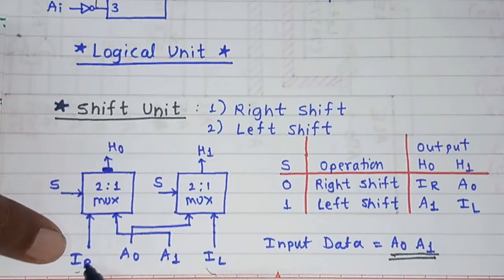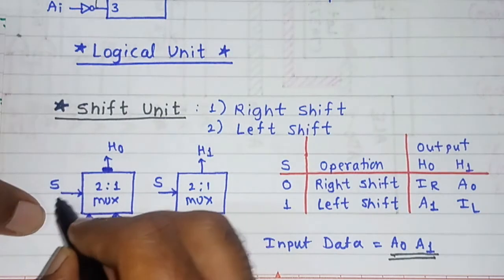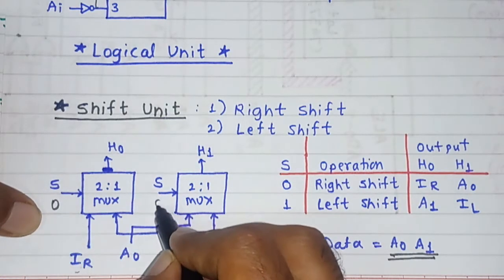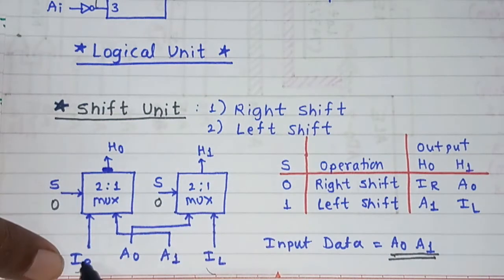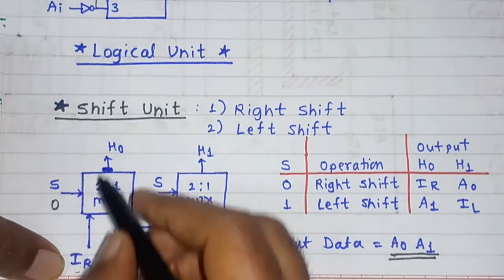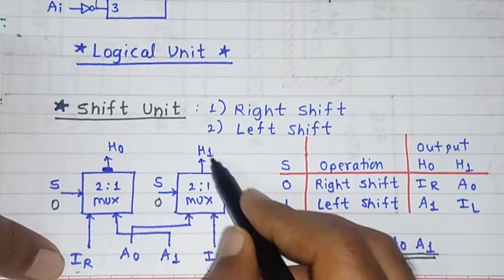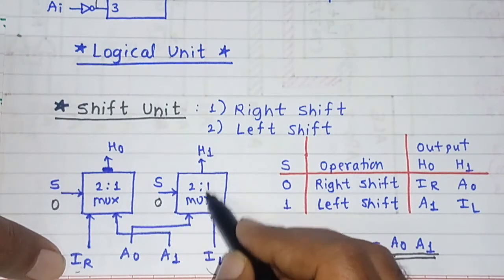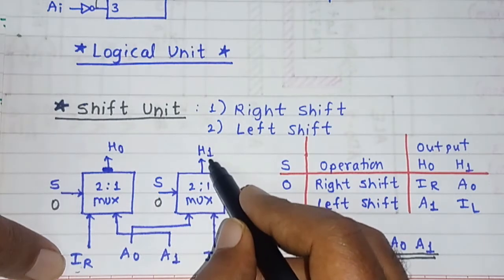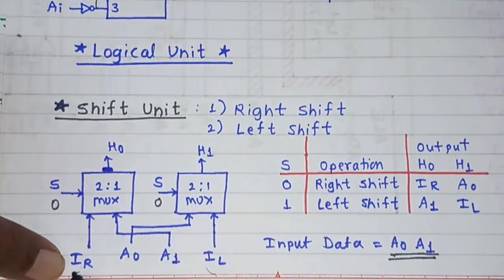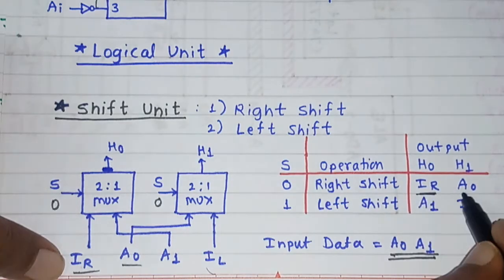If you make S equal to 0, this IR will be transferred at the output of the 2:1 multiplexer, and at the output of the second 2:1 multiplexer, A0 will be transferred at H1. So here IR and A0 will be your next data after shifting towards the right side.